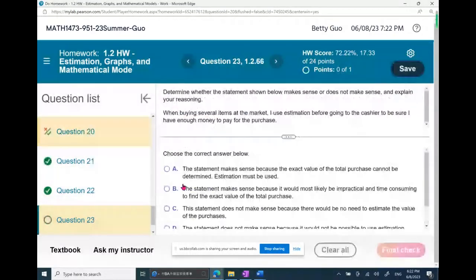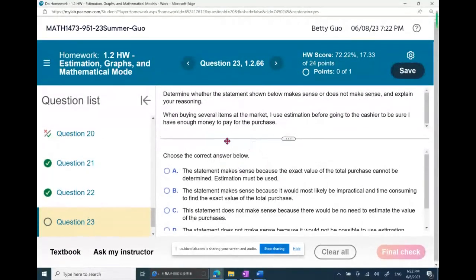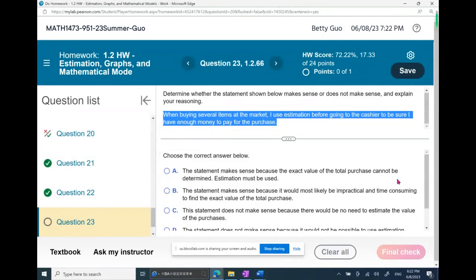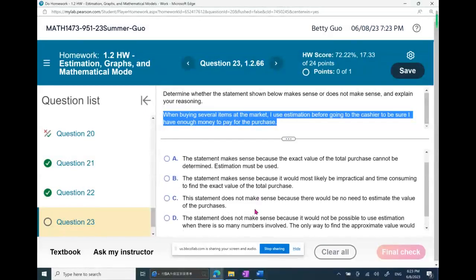All right. Number 23. Determine whether the statement makes sense or not, and explain. This is the statement: When buying several items at the market, I use estimation before going to the cashier to be sure I have enough money to pay for the purchase. Yeah, I think that's good.